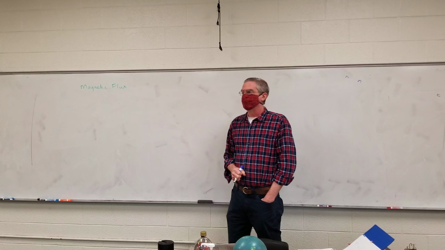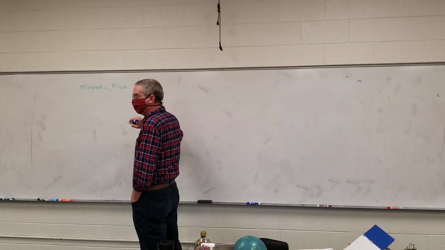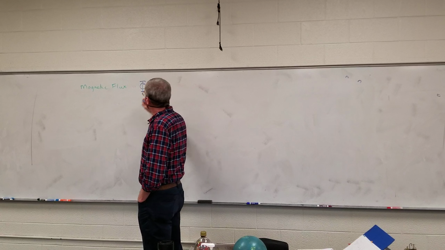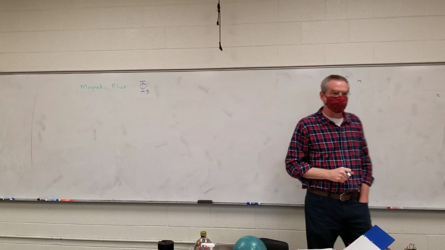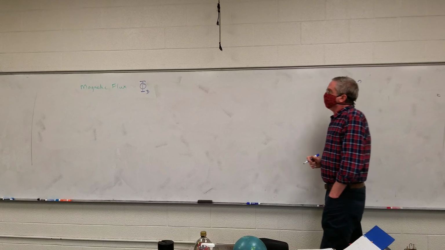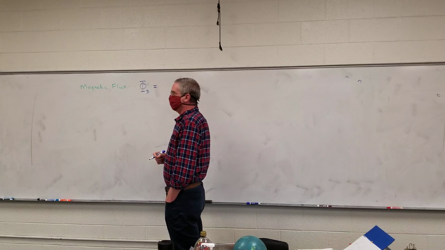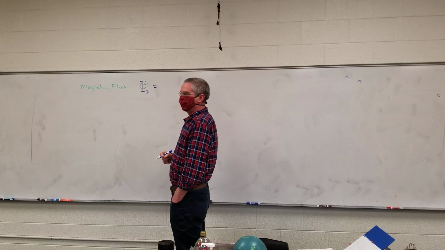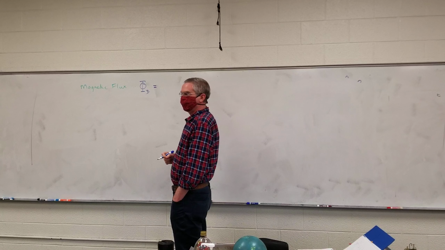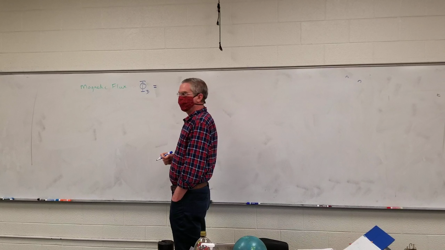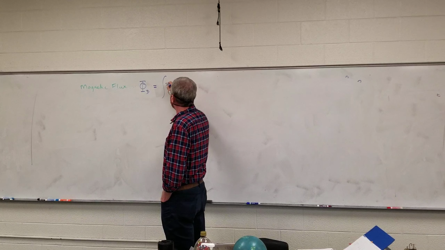Capital Phi sub B. Your textbook uses B; some textbooks will use M. And the formula? B dot A, or B dot dA. If we can do the calculus version, we've got dA.